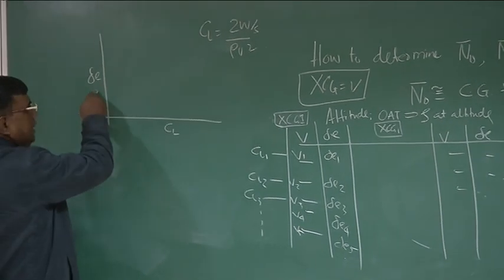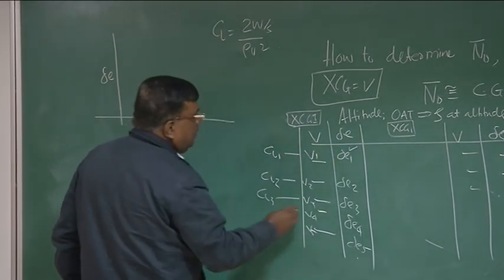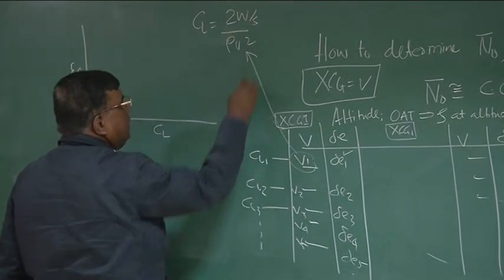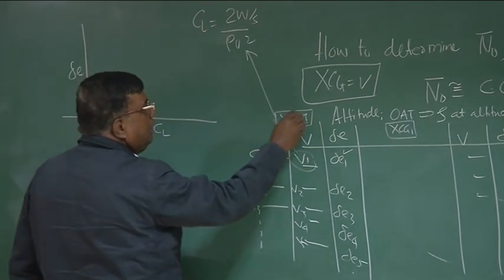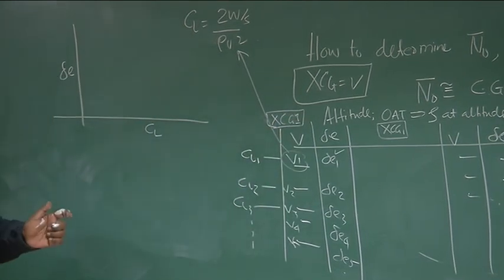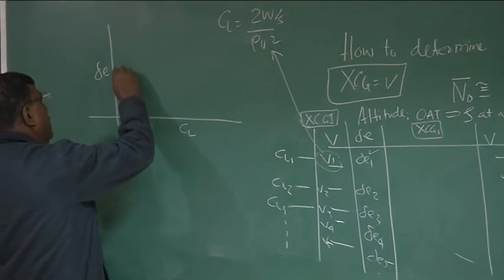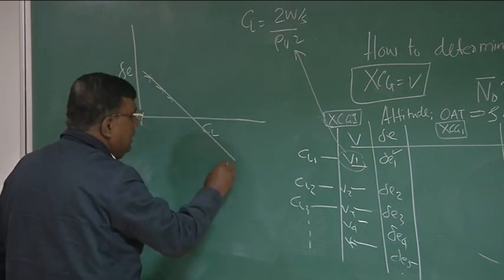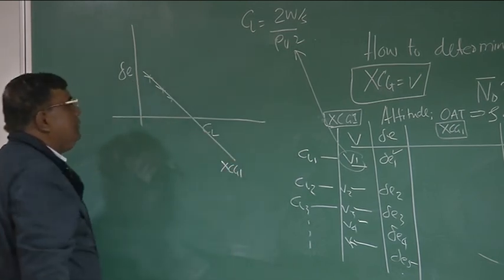So you have delta E, which you have measured. You have CL1, which I got through V using this relationship. For the XCG1 combination, that is for one group of people, the total aircraft CG is, let's say, XCG1. So I will be plotting this, and I'll get a graph of d delta E by dCl for XCG1.